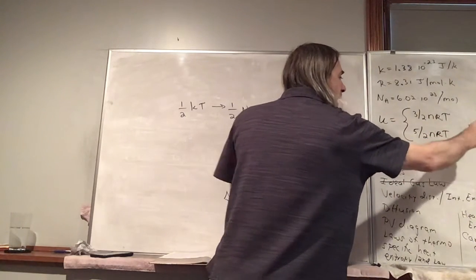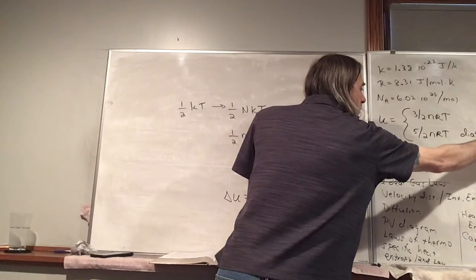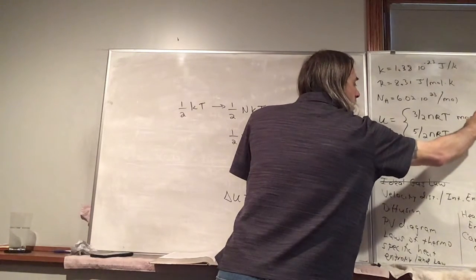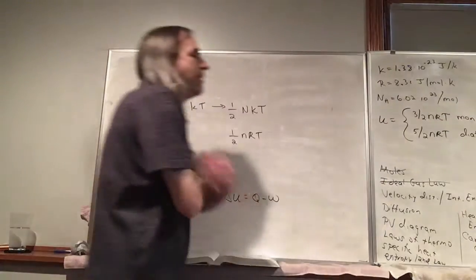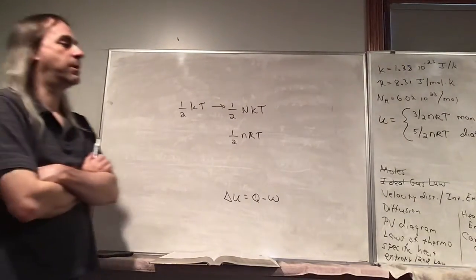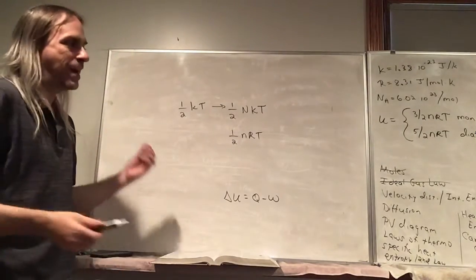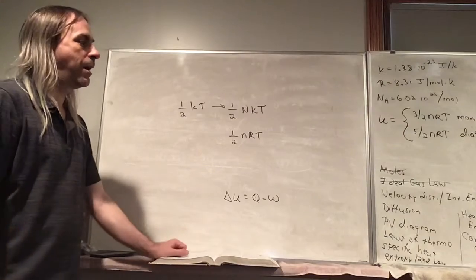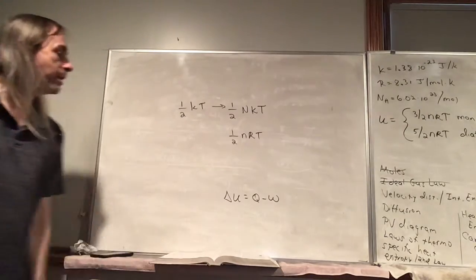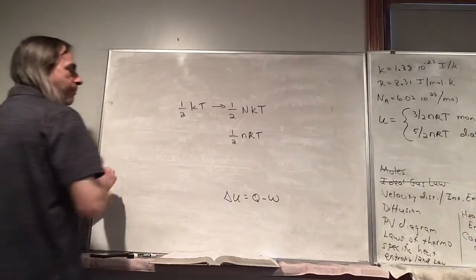So that'd be 5/2 nRT. So for a monatomic gas, 3/2 nRT. For a diatomic, 5/2 nRT. And again, at very high temperatures, it could also vibrate. So we would have 7/2 nRT. But we're just going to always stick with that for any problem we do here.